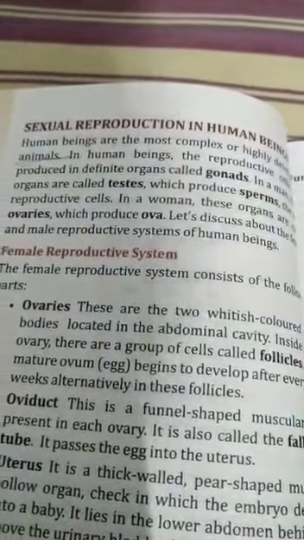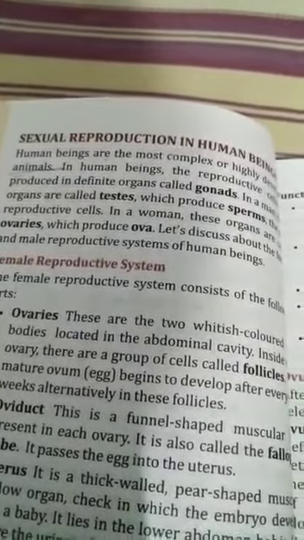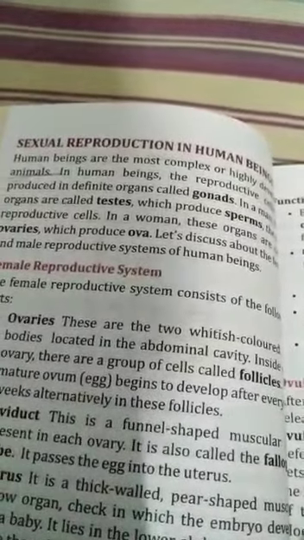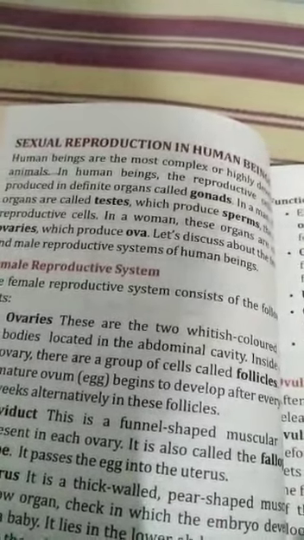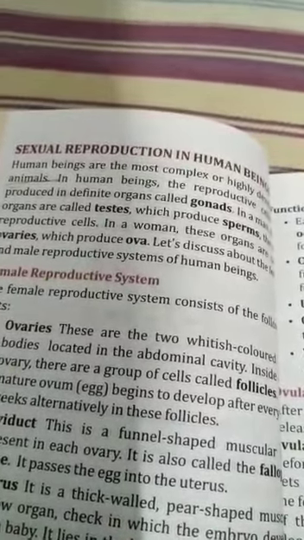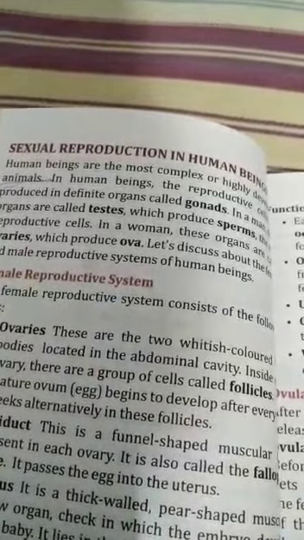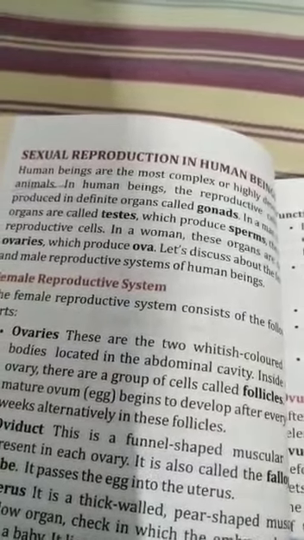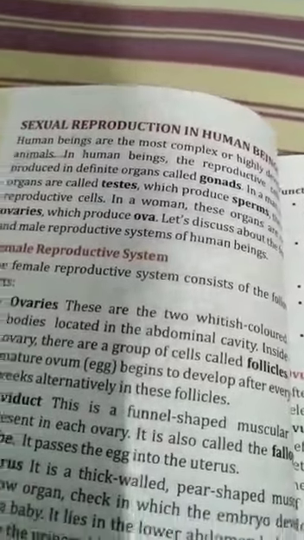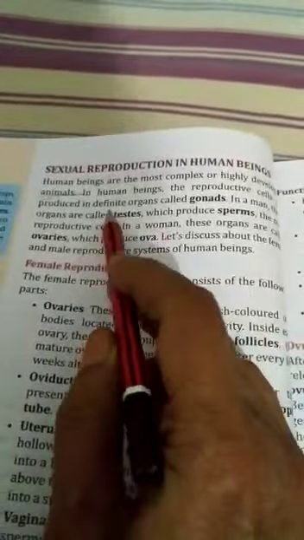All the systems which are present in the human body are very complex, and so is the reproductive system. We have a very complex reproductive system, and we have male and female reproductive systems. The organs which make up the male reproductive system are totally different from the female reproductive system. Now we will discuss the male and female reproductive systems.